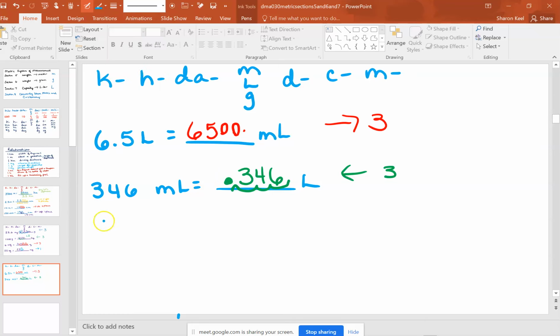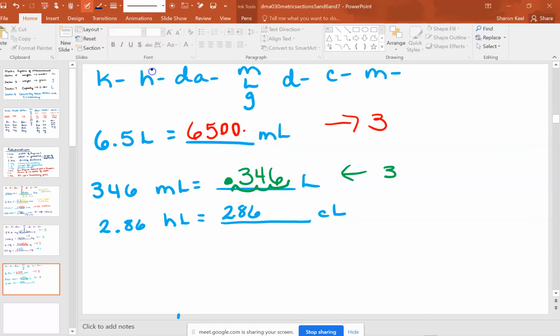What if we had something such as 2.86 hectoliter, and we were going to convert to centiliter. Okay, I've got a 286, my decimal is here.